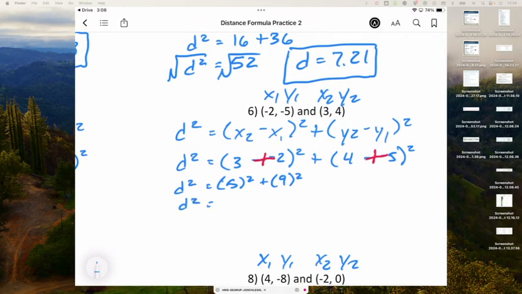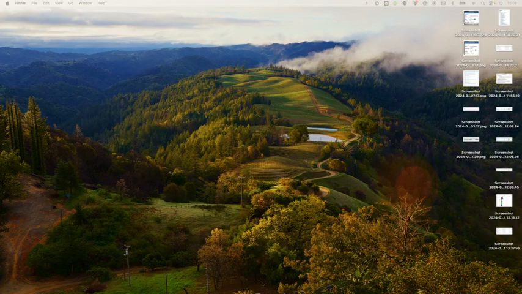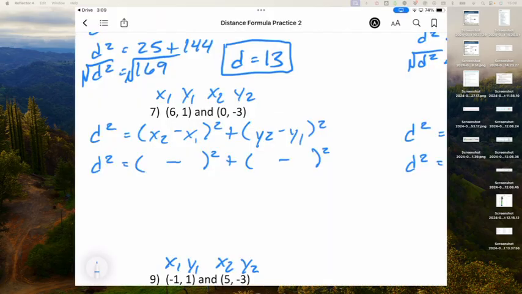So 25 plus 81 is 106. Square root both sides. Square root of 106 is 10.3. And my iPad disappeared. I'll pause the video and bring it back. Got a few more to go.